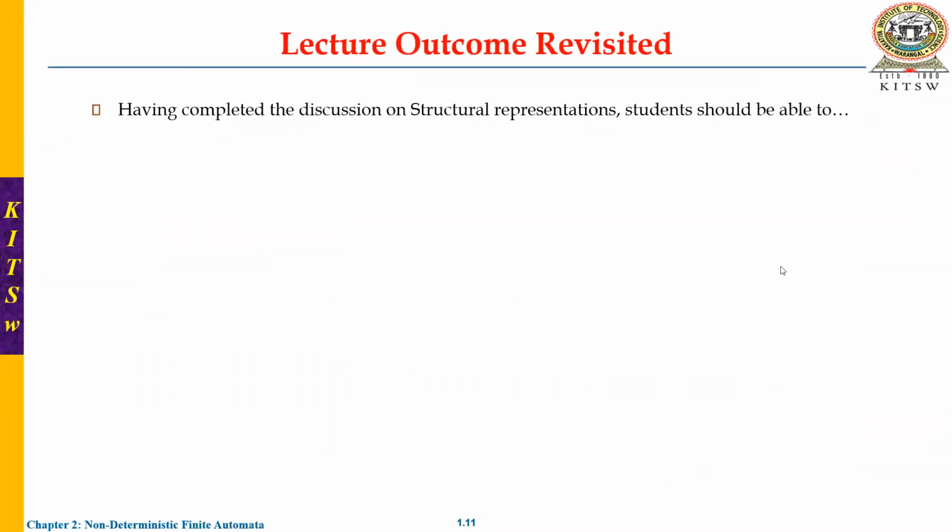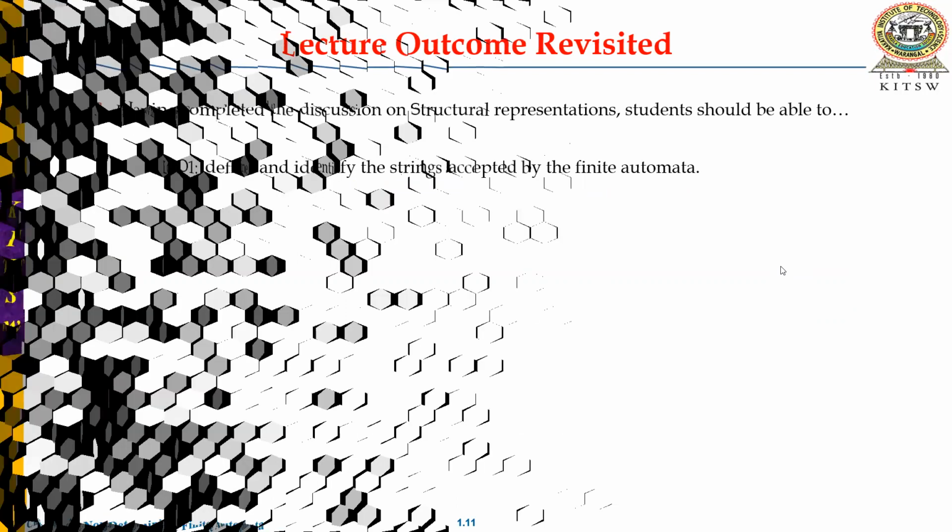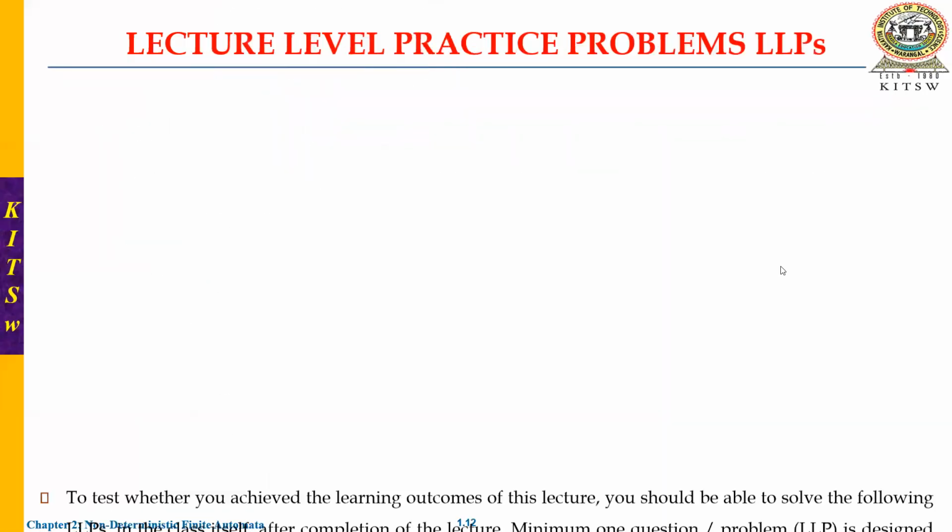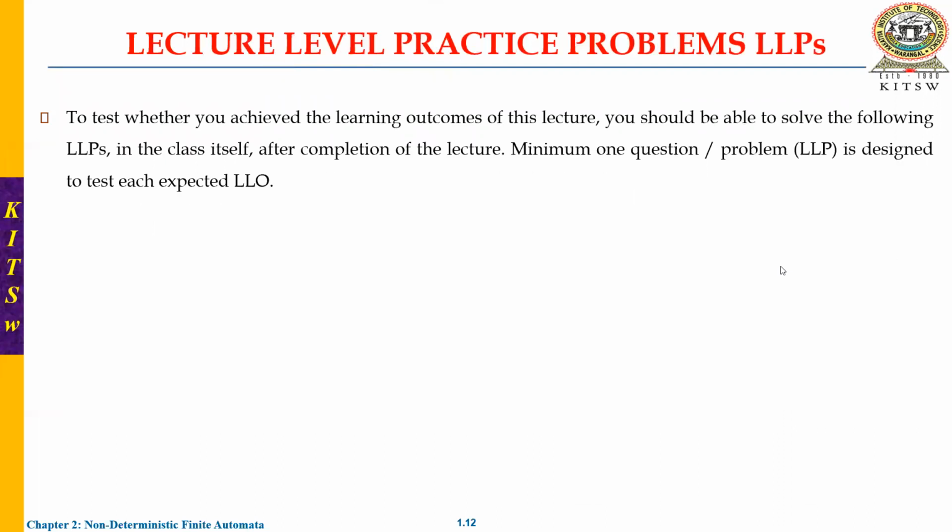Having completed the discussion on structural representation, students will be able to define and identify the strings accepted by the finite automata. This is a lecture level practice problem, and to test whether you achieved this learning, you should be able to solve the LLP.